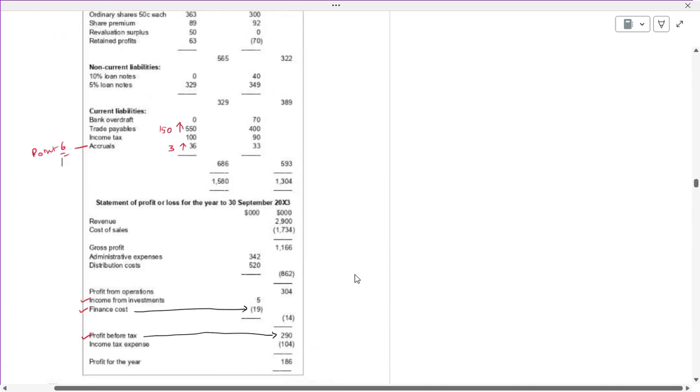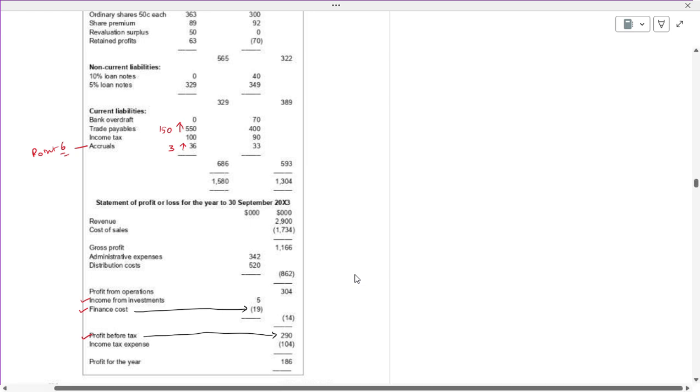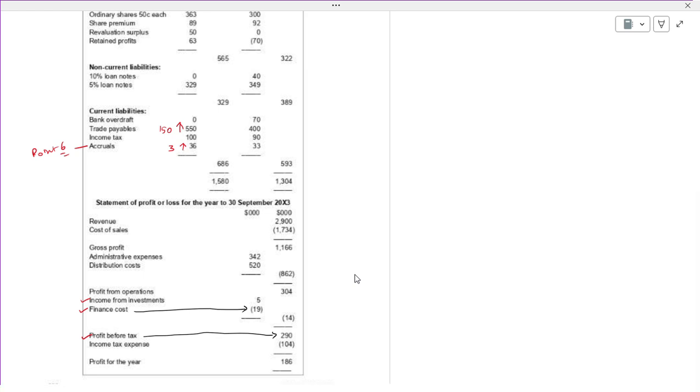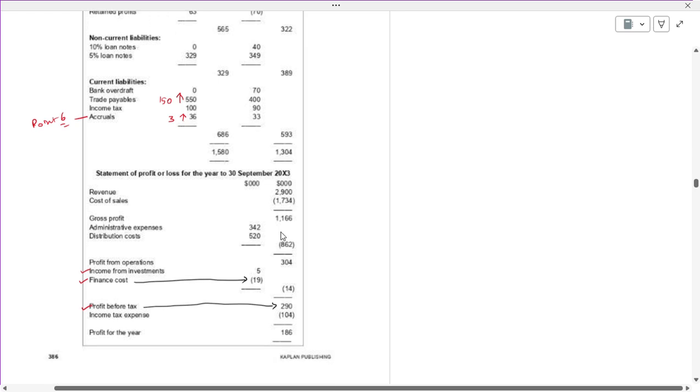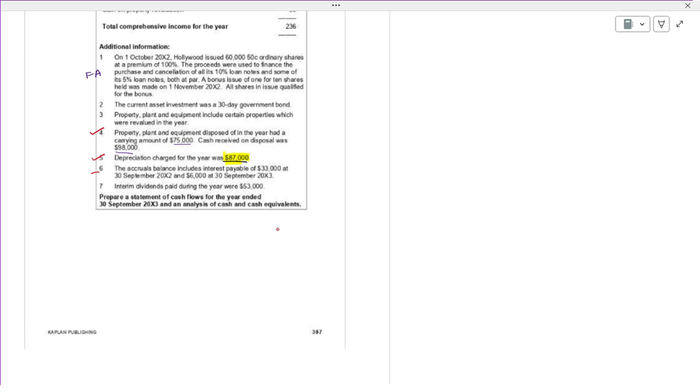Closing balance? 36. What they are saying: 33 and 36.